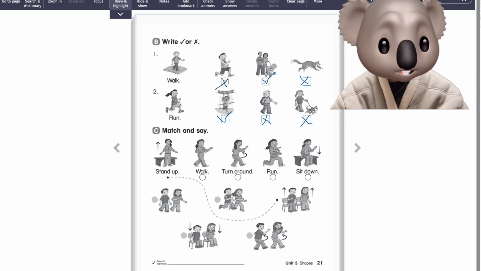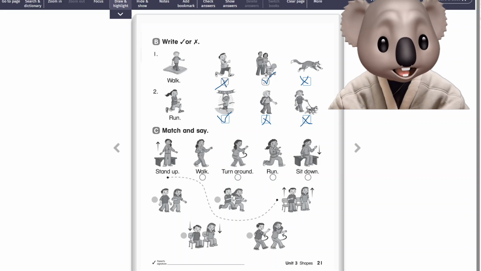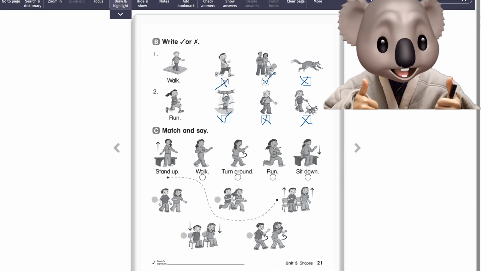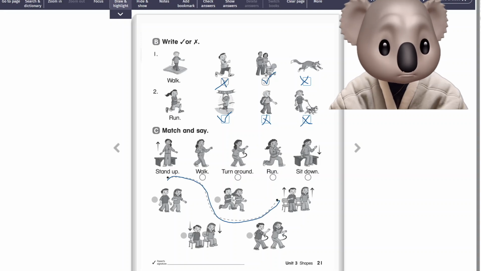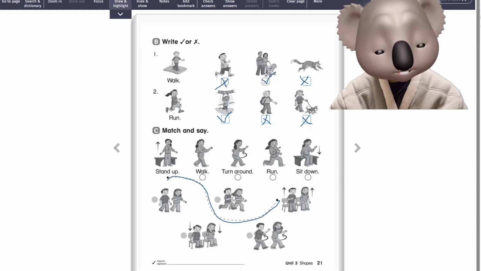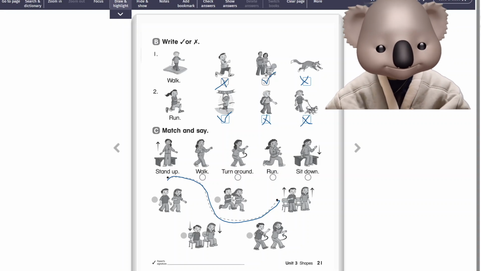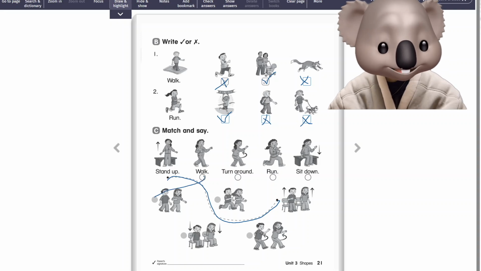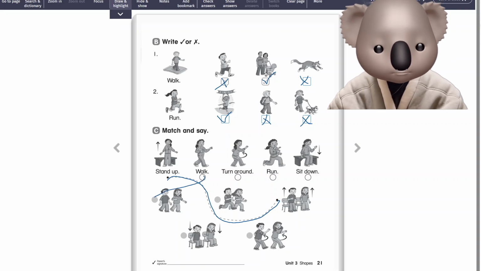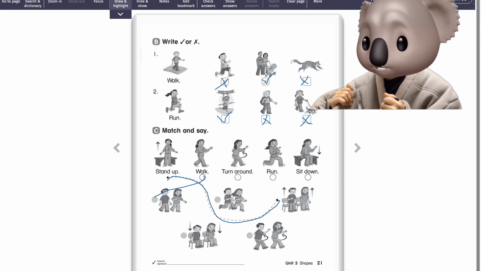In part C, we need to match and say. In the first picture, we need to find the other picture on the bottom that shows stand up. Right here. In the second one, we need to find the other picture that shows walk. It's right here. Great job. In the third one, we need to find the picture that shows turn around.